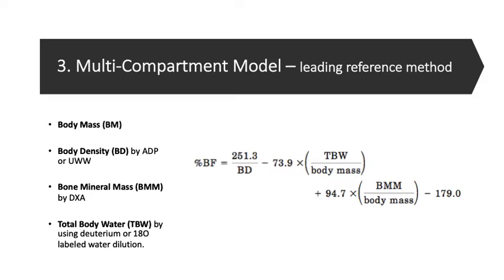We use something called deuterium, or 18O labeled water dilution, which is almost a 24-hour assessment where we give an individual labeled water. They drink it and then they come back within 12 hours and you can monitor where the water is in their body. That gives us an indication of their total body water.